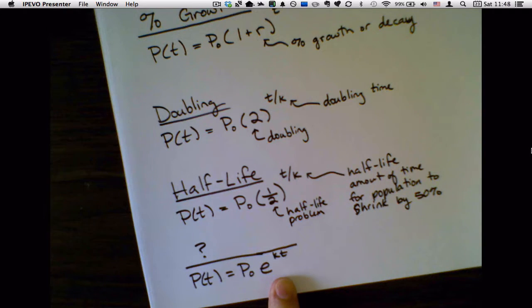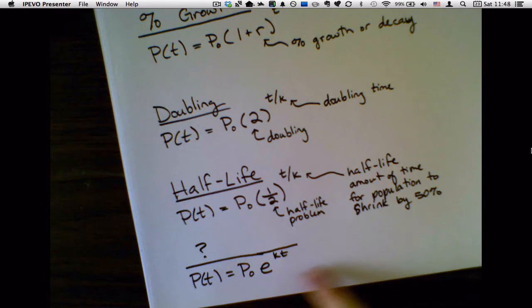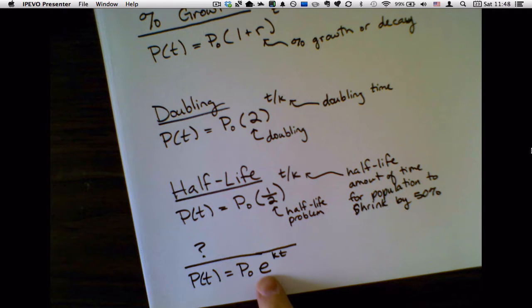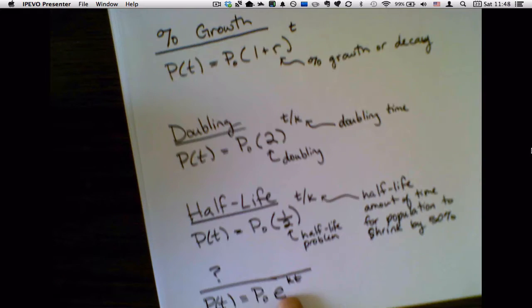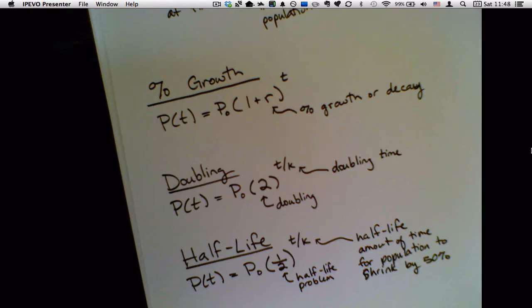They'll say that the population grows exponentially, and they'll give you a formula for the population with an e as your base. I wouldn't really use this one given a word problem, but if you have this, you can transform it to one of these others to get your doubling time or half-life time or percent annual growth.